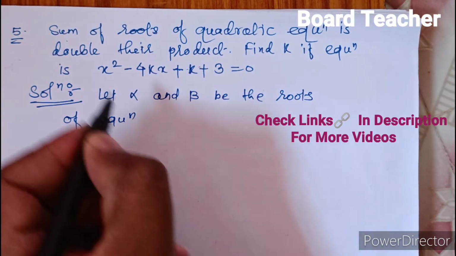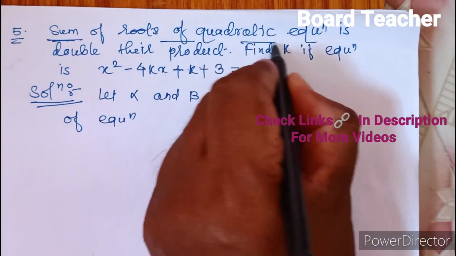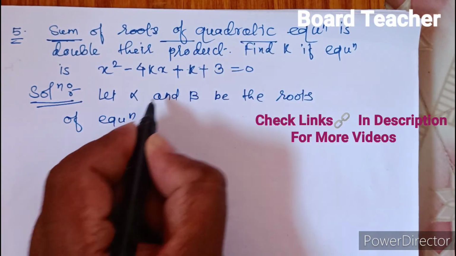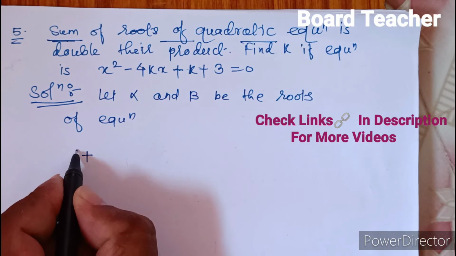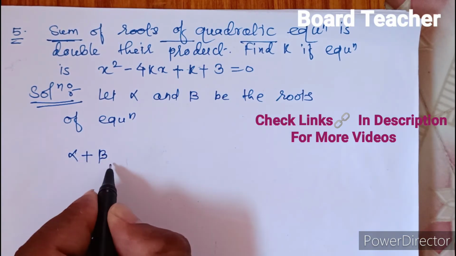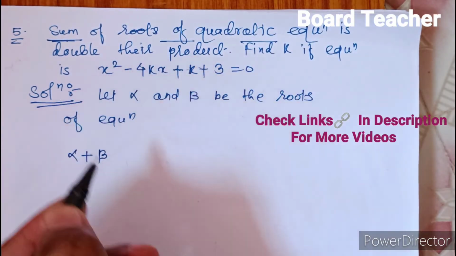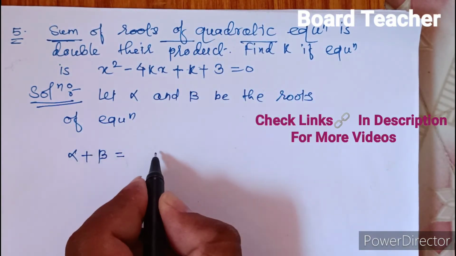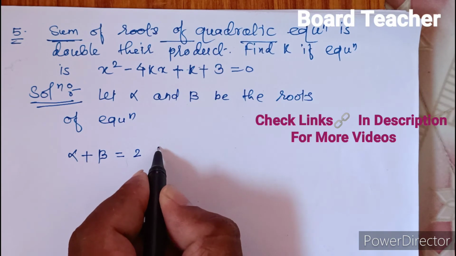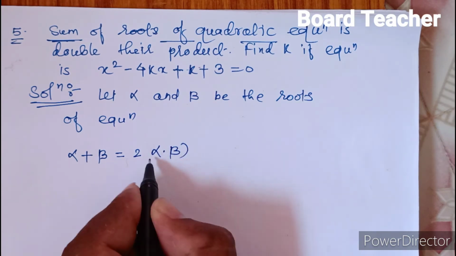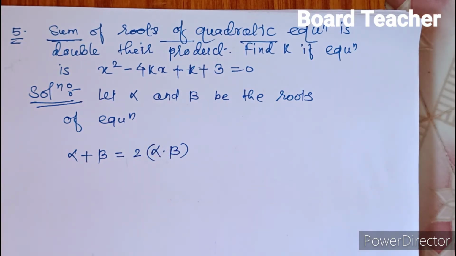The condition is that the sum of the roots is double, means 2 times, their product, that is alpha dot beta.